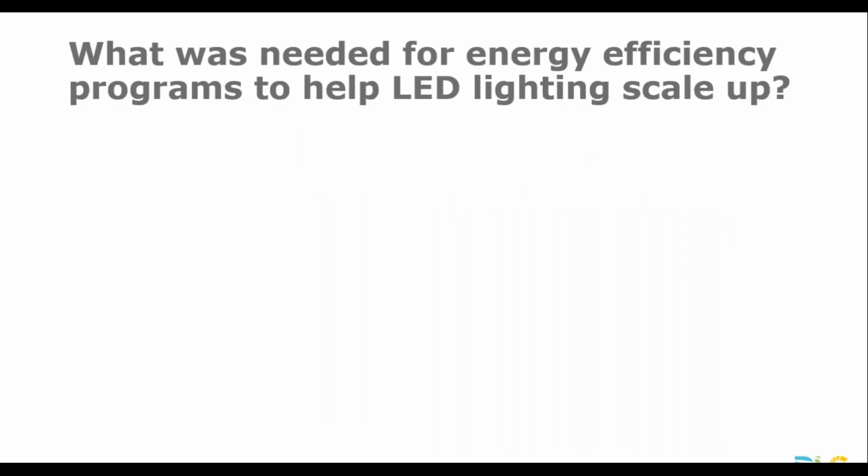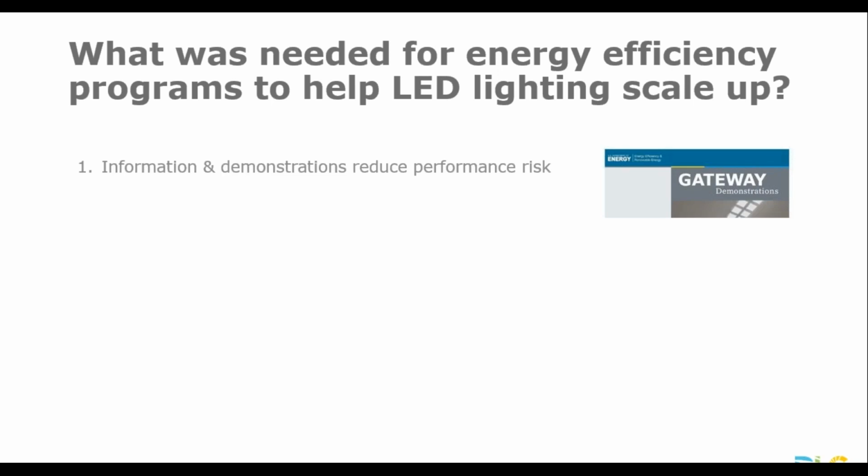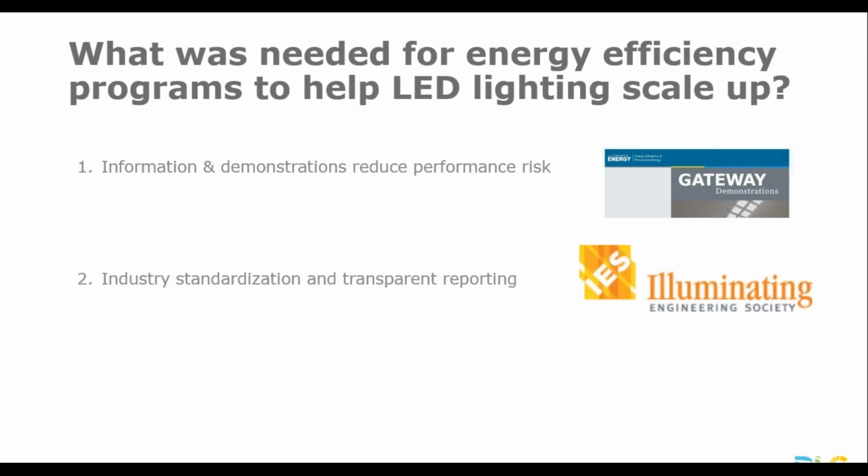What was needed to set the stage for all this support from utilities for LED lights? First, information and demonstration reduced performance risk, so more building owners were willing to take the risk of trying these new products. Second, industry standards helped people compare products, in this case around photometrics and lifetime.